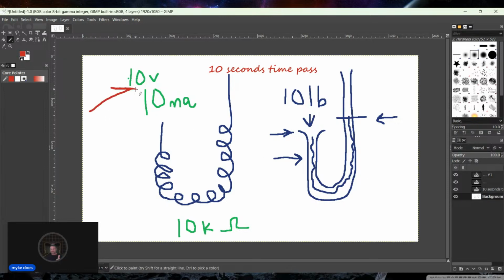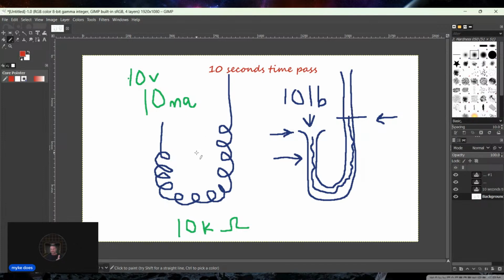Same amount of force, 10 pounds of water, 10 volts. We're using equal values of potential with the water on the right and the voltage on the left. We're assuming they're the equal values in potential between the two forms of energy or matter or whatever.